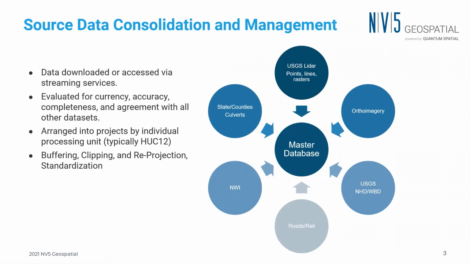So the source consolidation and management is the start of the process in our mind. It's really gathering all of the data that you might want to feed into this hydrologic network derivation process.